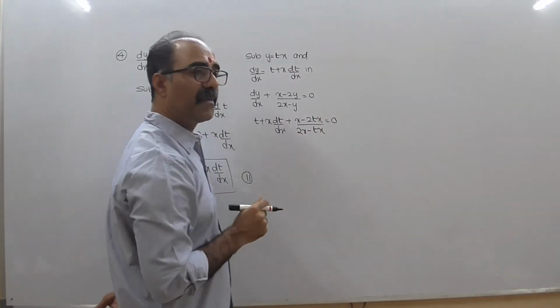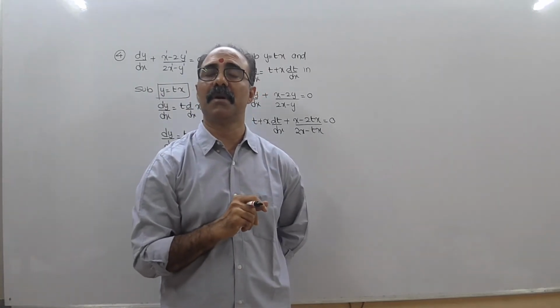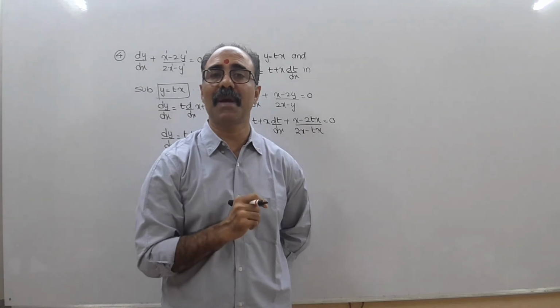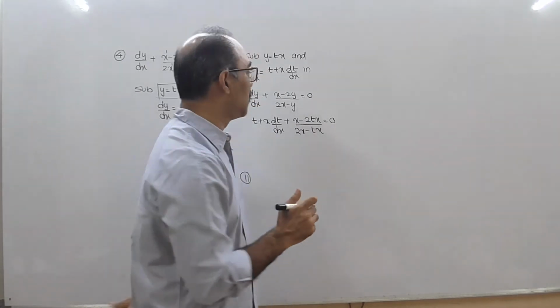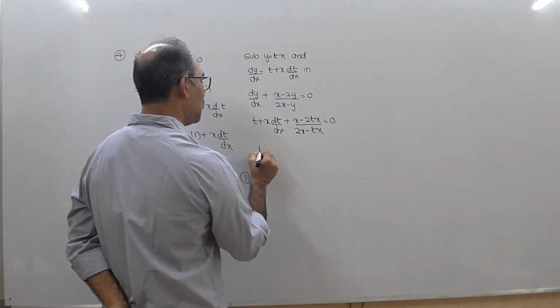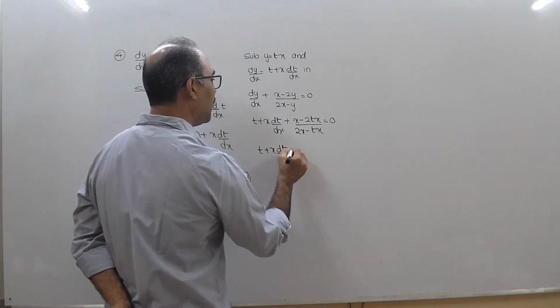So you can easily verify a homogeneous differential equation. That is, when you put y equal to tx, it should happen that x should get cancelled. x or x square or variables of x will get cancelled. So I get this as t plus x times dt by dx.